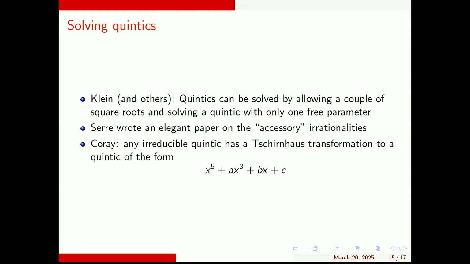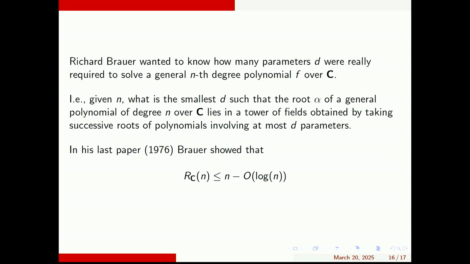So the resolvent degree is the first one, and the essential dimension is the second one. So those are different ideas. So Richard Brauer was working on the resolvent degree, and his paper in 76, which he said was surely just scratching the surface, was that he could reduce the number of parameters n by something approximately log n.